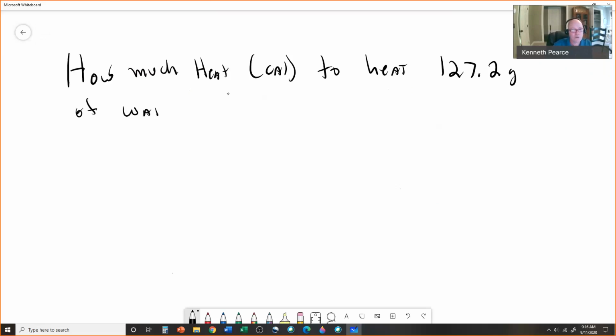Let's say you're heating up some water in a beaker from room temperature, which is generally 25.0 degrees Celsius, to 100.1 degrees Celsius. That would be the boiling point of water if the atmospheric pressure was a little bit higher than normal.